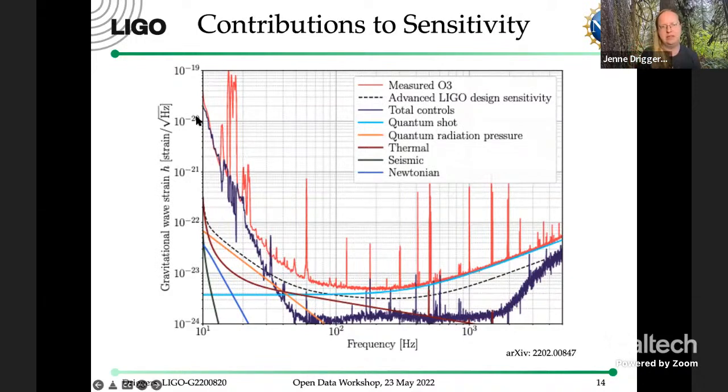And that all adds up to contribute to this controls noise. And so we hope that as we improve our controls loops and other technologies, we can lower this noise and bring it closer to the design sensitivity. And that will enable us to have better measurements of gravitational waves at these lower frequencies.